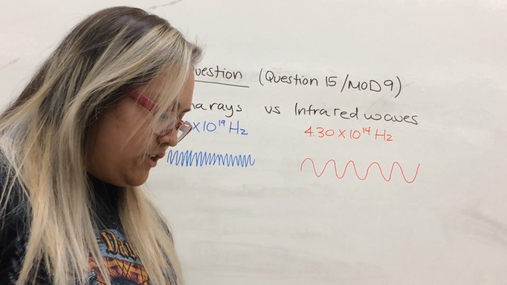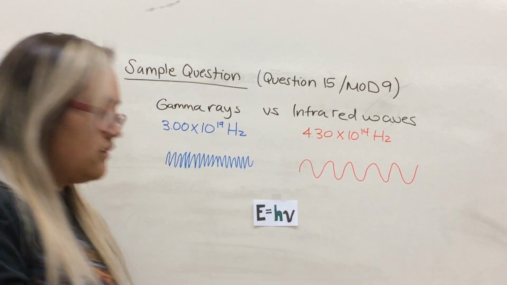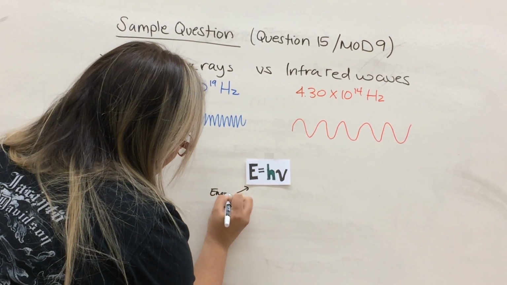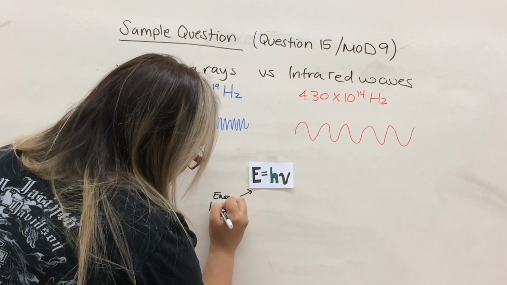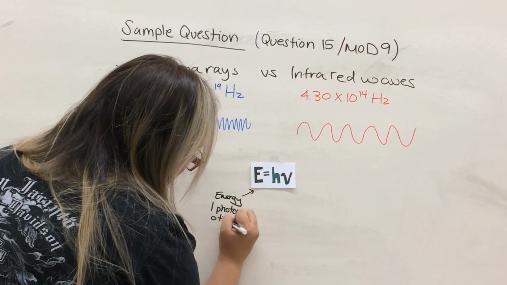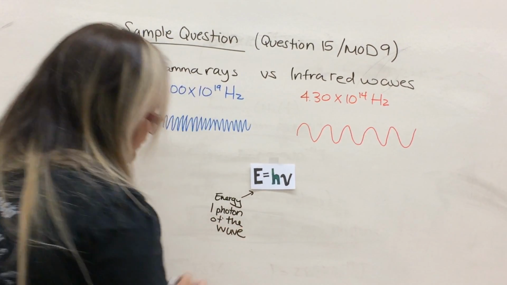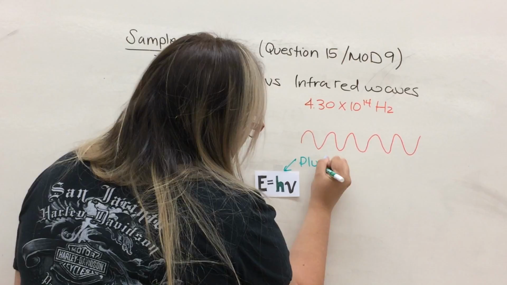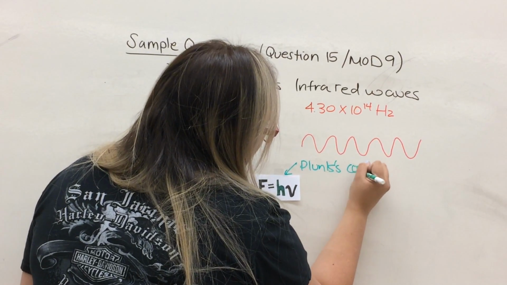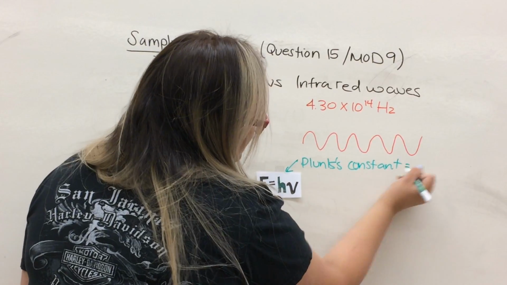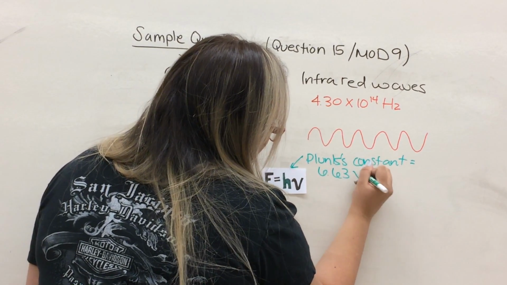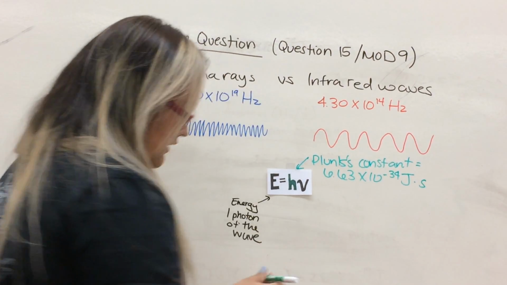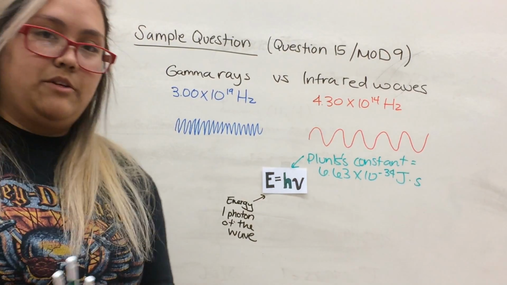So what we're going to do is use this energy formula that we have. This energy here is the energy related to one photon of the wave. And h is Planck's constant, which is equal to 6.63 times 10 to the negative 34 joule seconds. And v is simply our frequency.